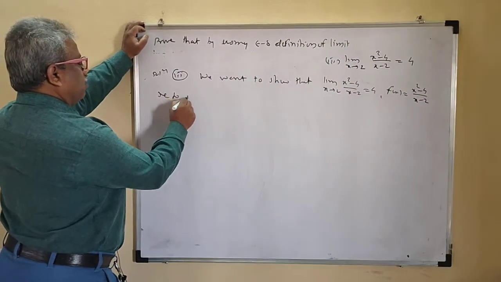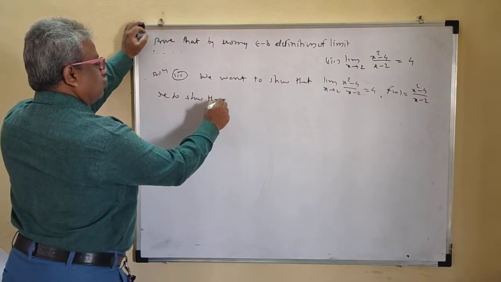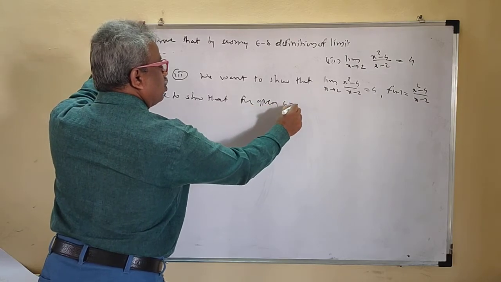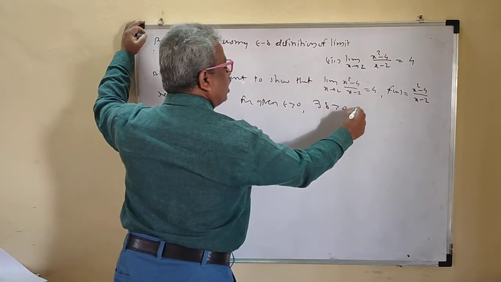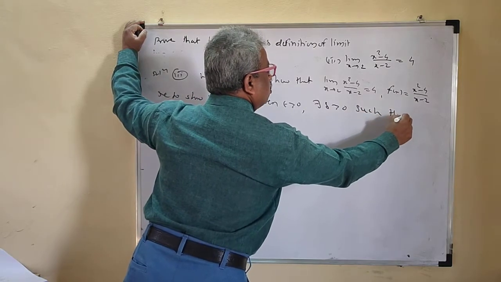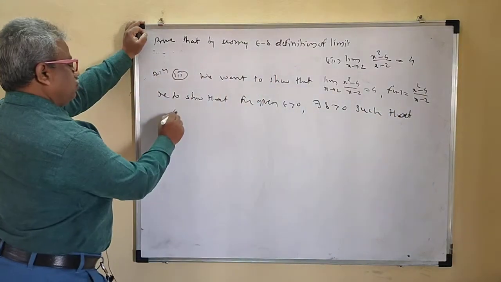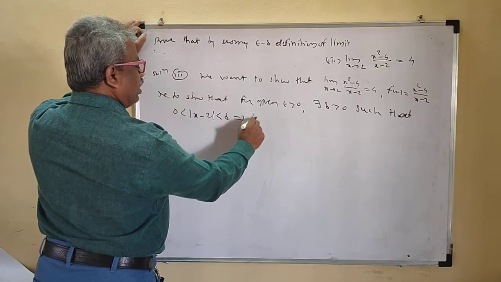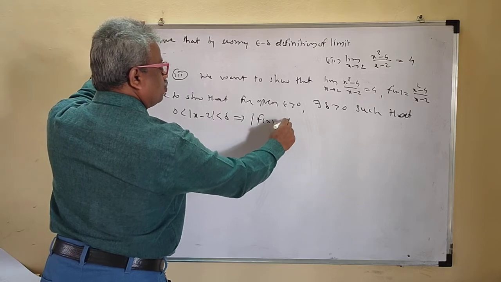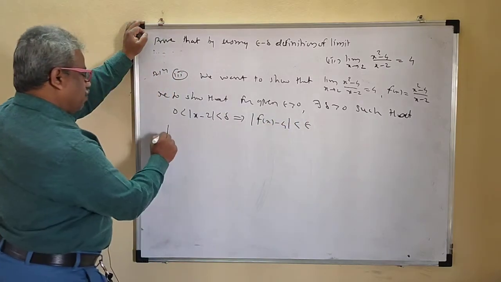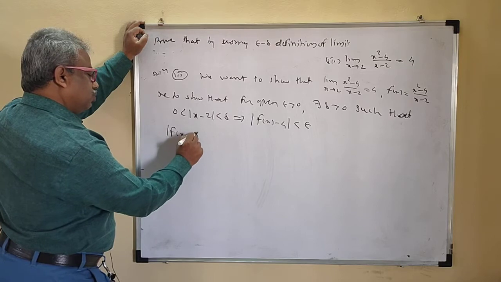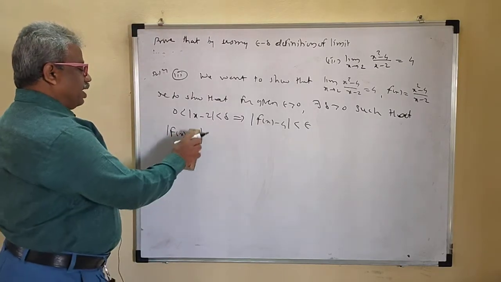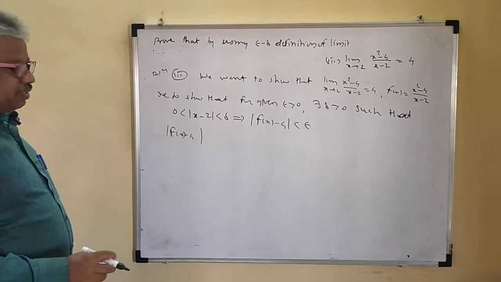That is to show that for given epsilon greater than 0, there exists delta greater than 0 such that 0 less than mod of x minus 2 is less than delta implies that mod of f of x minus 4 is less than epsilon. So we start from f of x minus 4 and then we will rearrange to get mod of x minus 2.